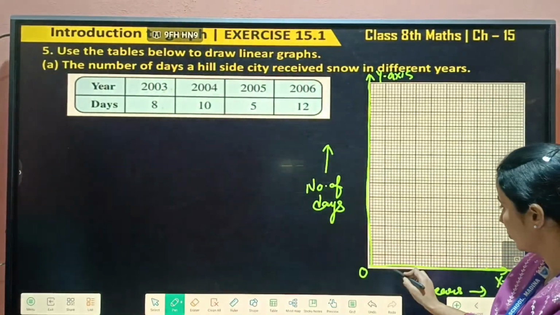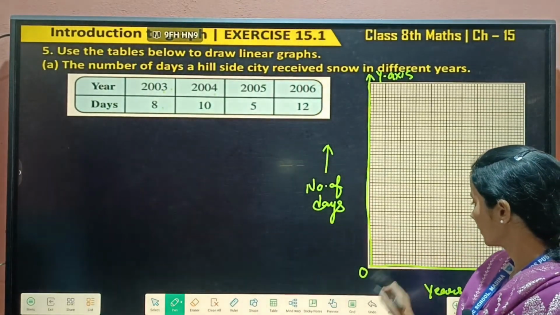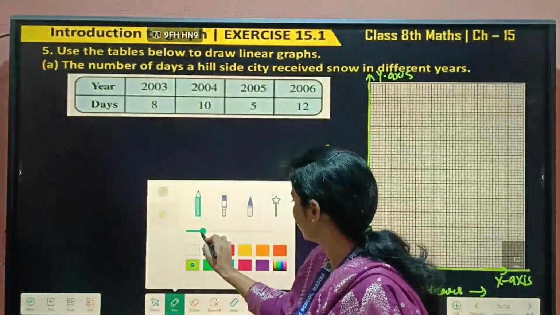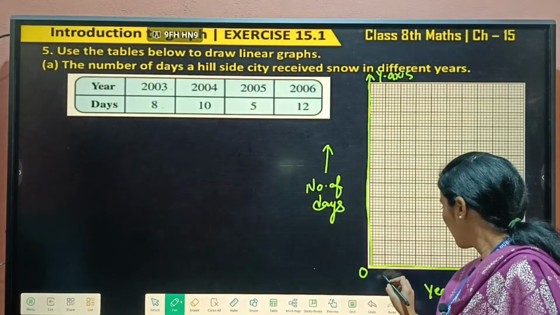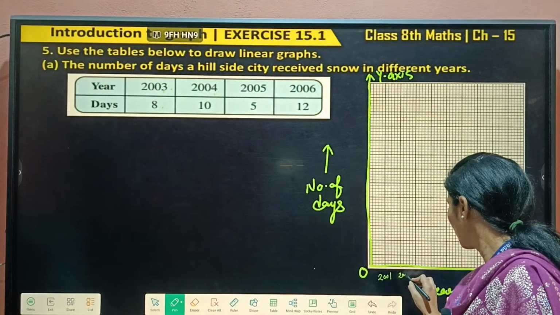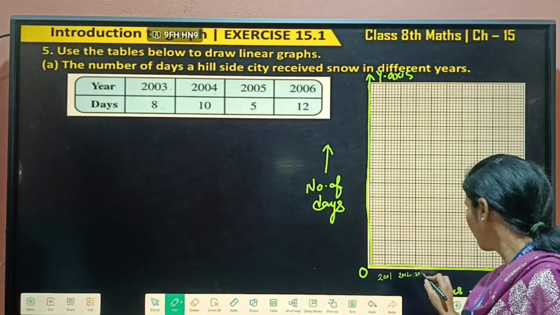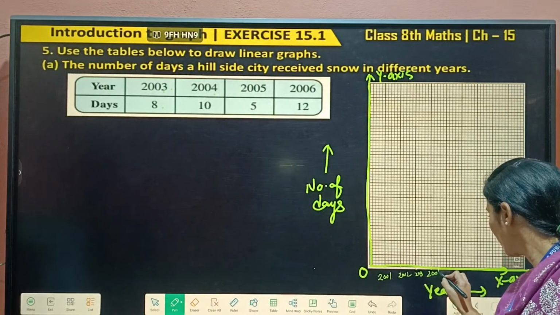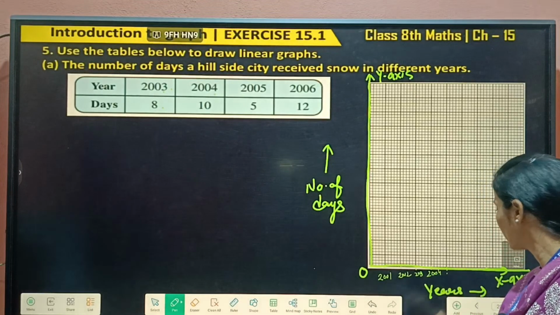So from 0 to 2000, you will write 1. This is 2001, next 2002, next 2003, and next 2004.